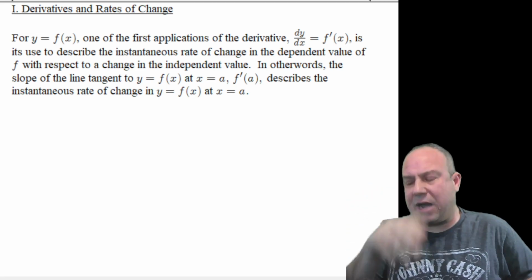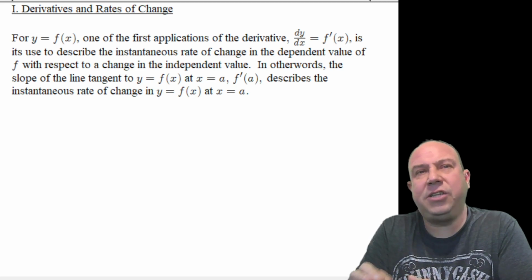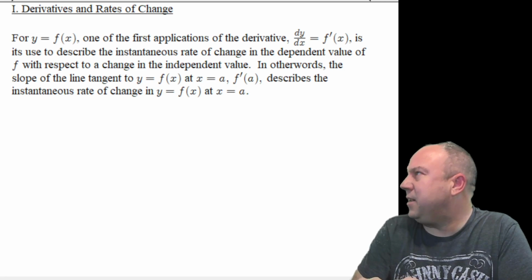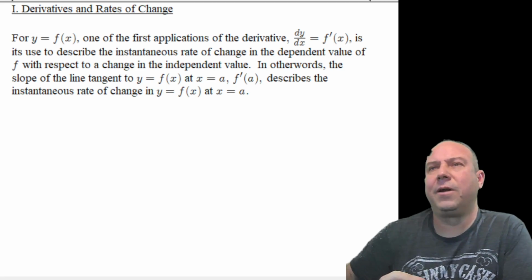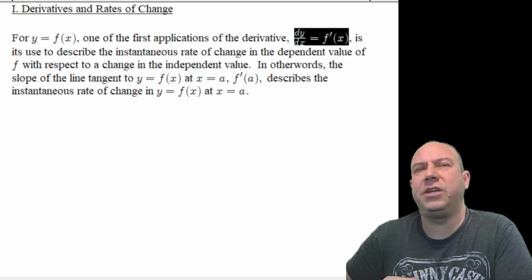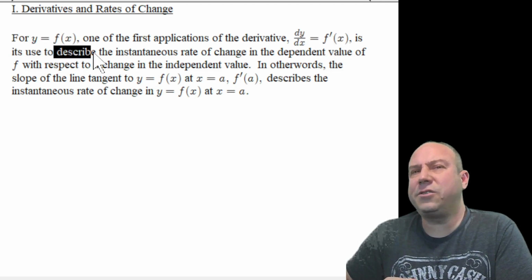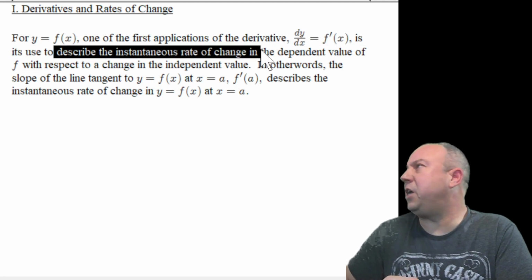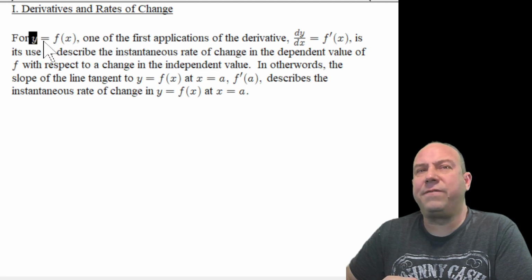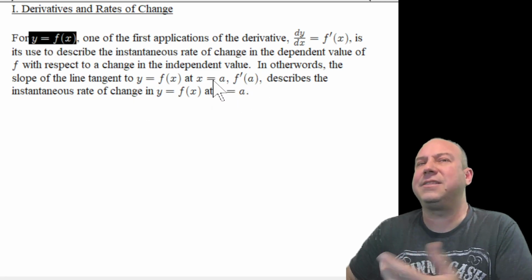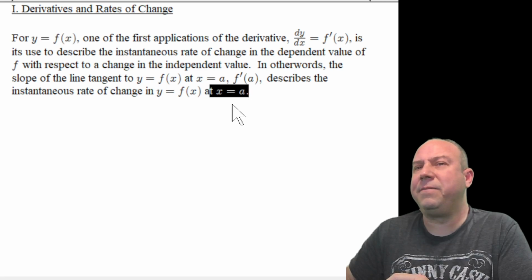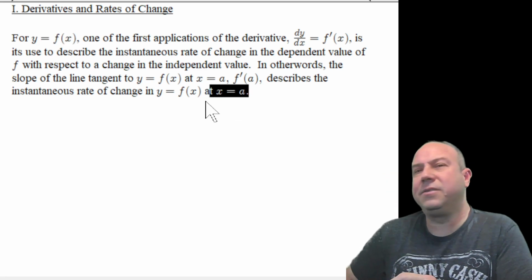It describes the instantaneous rate of change in the dependent variable with respect to a change in the independent. Our derivative for a given function is a description of instantaneous rate of change in our function y equals f of x at some particular location, at some value of x equal to a, perhaps.